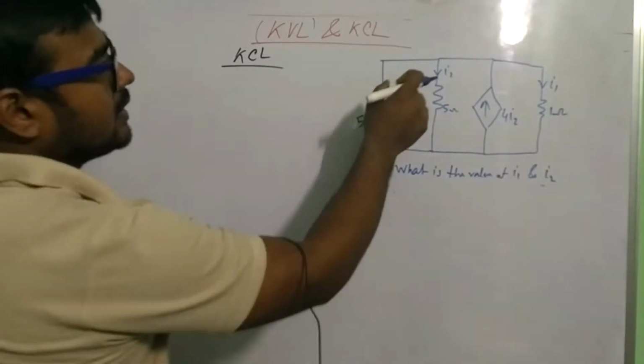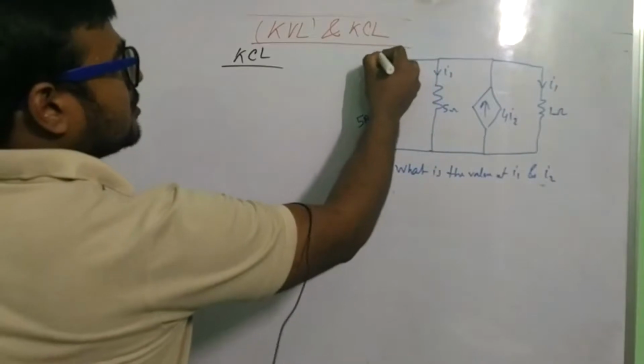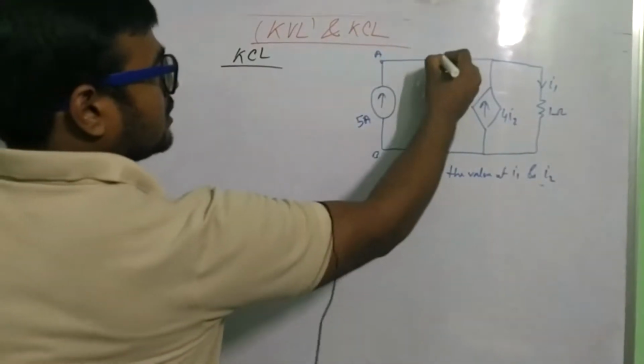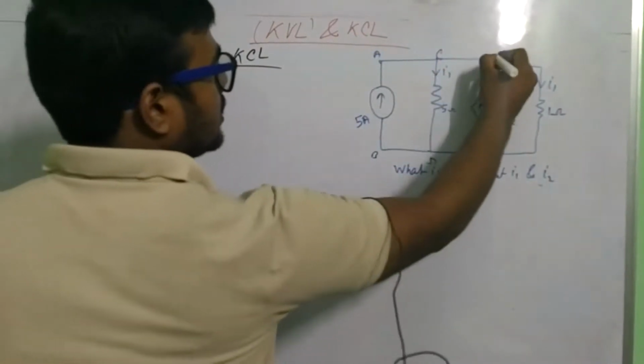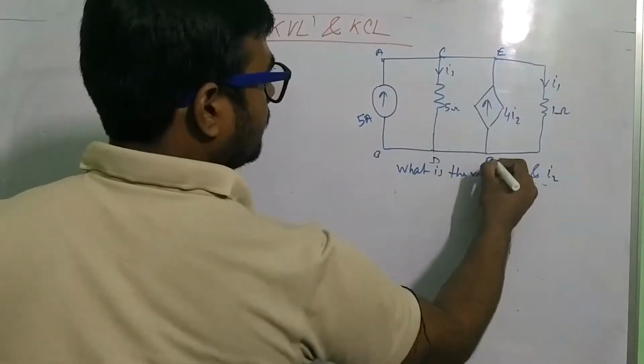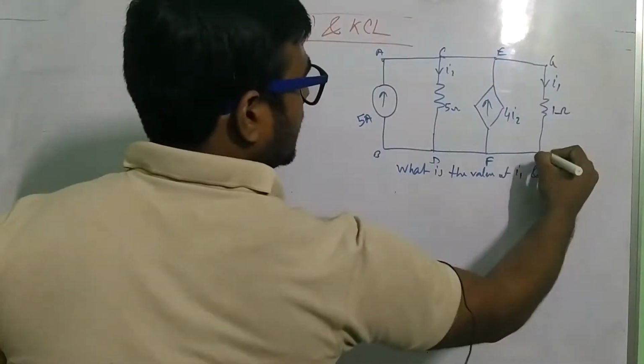Suppose this is the A, B point, this is the C and D point, this is the E and F point, and this is the G and H point.